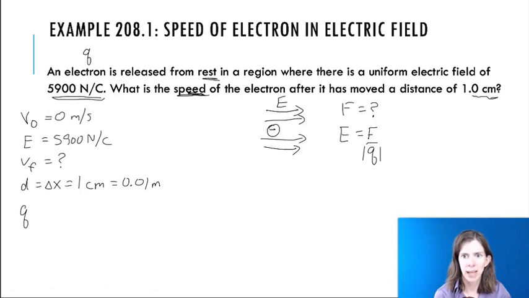We can take the absolute value of the charge so that if we know the electric field, we can find the force, just the amount of it, not worrying about the direction. The charge itself is negative 1.6 times 10 to the negative 19 coulombs. That's the charge of an electron. But we can just use the absolute value, 1.6 times 10 to the negative 19 coulombs, for the charge.